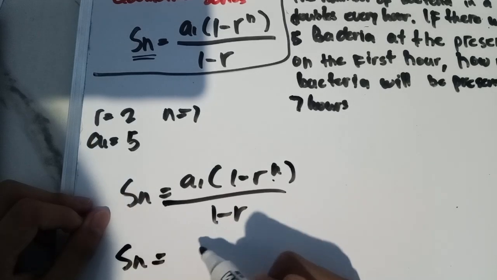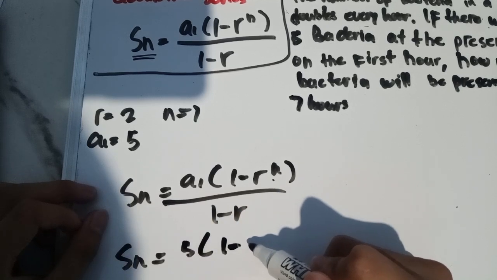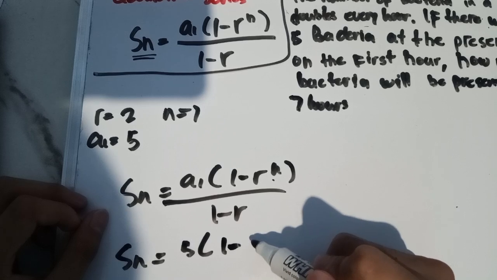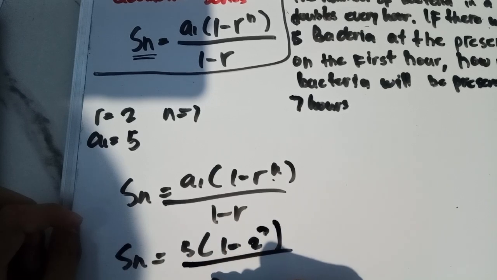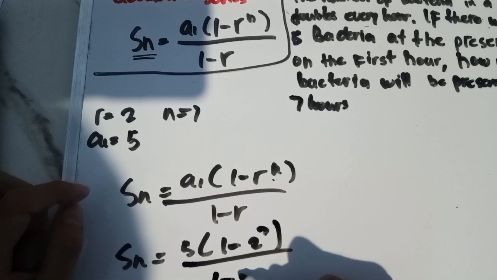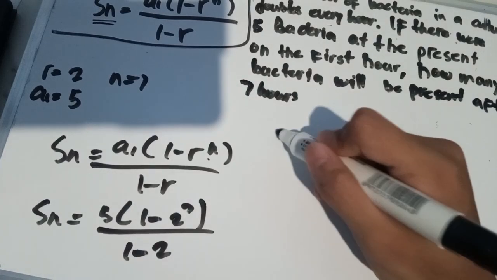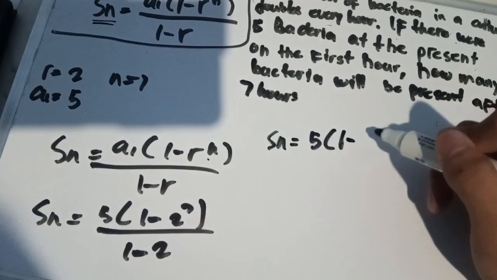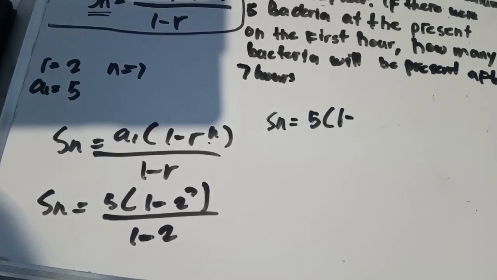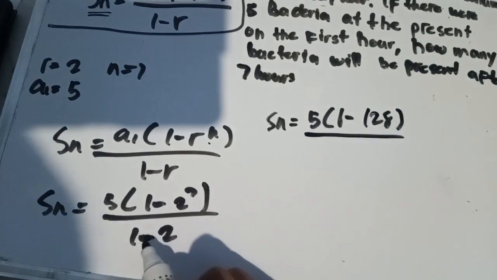Sn is equal to a1, which is 5, times 1 minus r, which is 2, raised to n, which is 7, divided by 1 minus r, or 2. And 2 raised to 7, if we type it on our calculator, yields 128, over 1 minus 2, which is 1, but since 2 is bigger, we have negative 1.